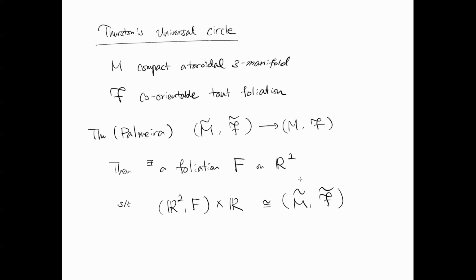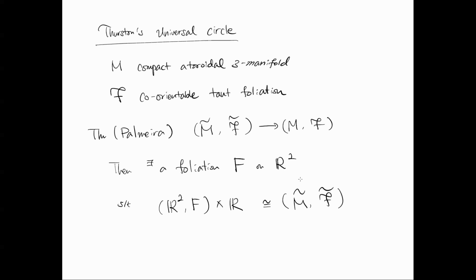In fact, Palmeira's theorem is not really about dimension 3. It works in dimension 3 or higher. In any dimension, if you have a taut foliation on an n-manifold, then in the universal cover you have a foliation in R^(n-1), and the foliation in the universal cover is just a product foliation.